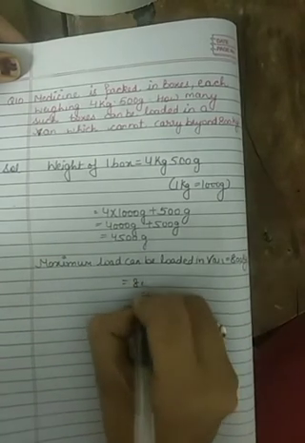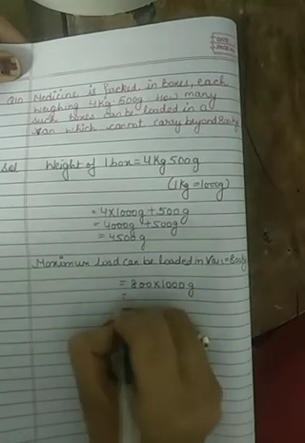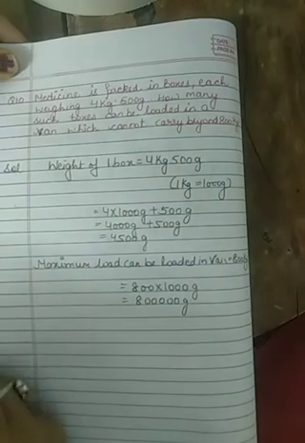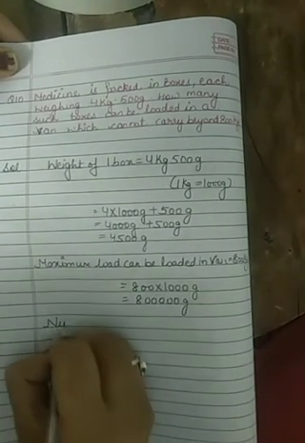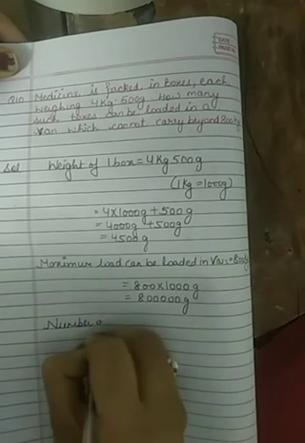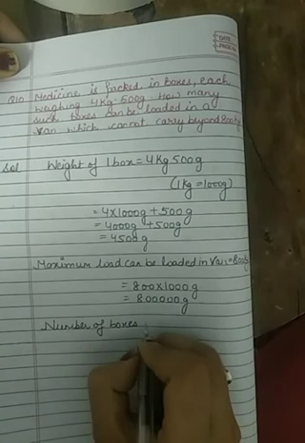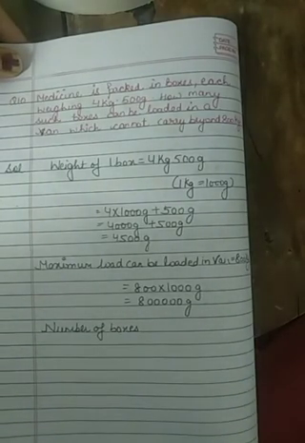So 800 multiplied by 1000 gram, the answer will be this. Now you have to find the number of boxes. How many boxes can be loaded?